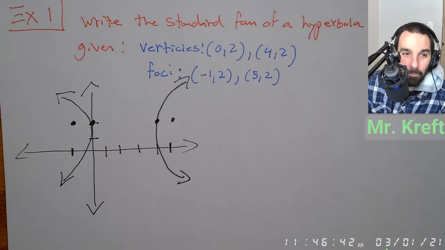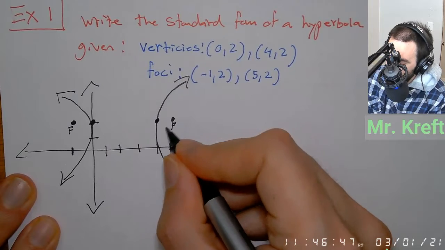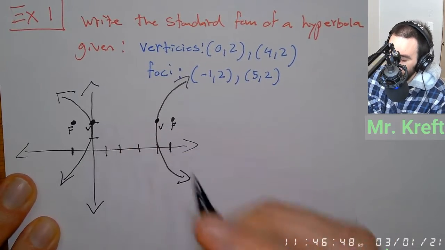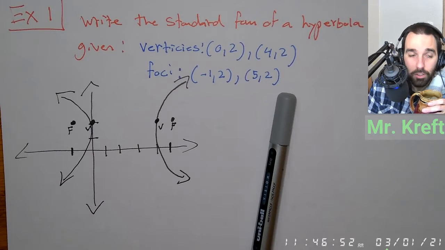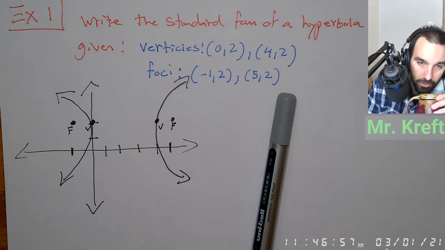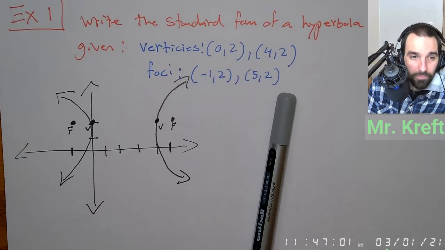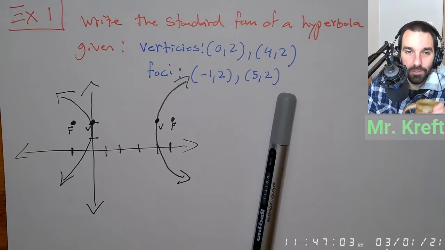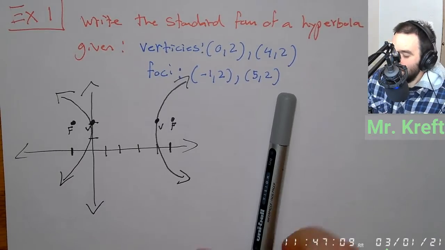So we have our foci and our vertices. The first step you always want to do if you don't have a visual is make a visual. It's a lifesaver. Kind of looks like a bat, doesn't it?